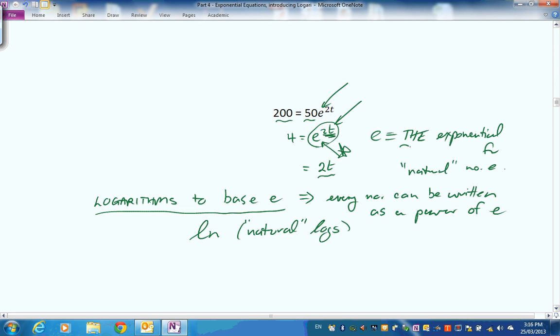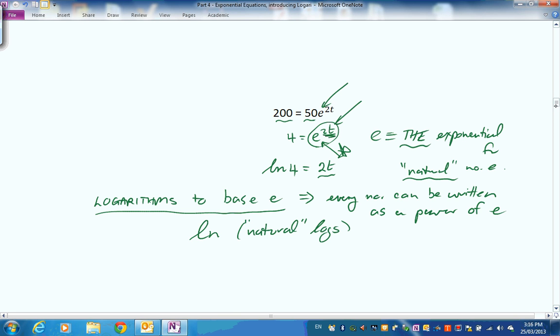It's called the exponential function or the natural number e. So when we try to write all other numbers as powers of e, we write the natural log, ln, of 4. So that will save us time rather than finding log to the base 10 of e and then multiplying by 2t.